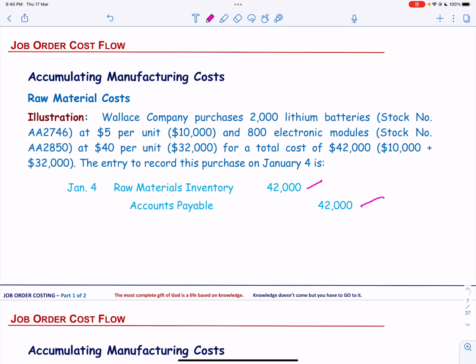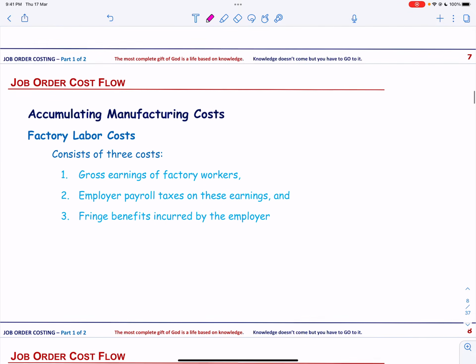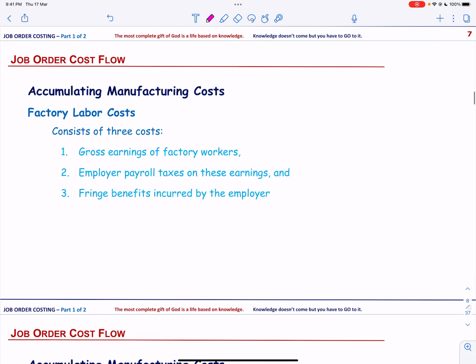Let us now talk about factory labor cost. Factory labor cost consists of three costs: gross earnings of factory workers, employer payroll taxes on these earnings, and fringe benefits incurred by the employer. Let us see how to record a journal entry regarding factory labor cost.